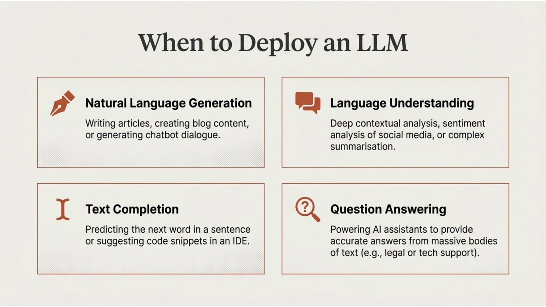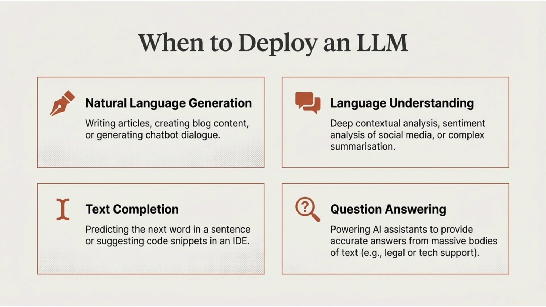Large language models are useful when we need systems that work with human language. One common use is natural language generation, such as writing articles, blog posts, or chatbot responses. They are also powerful for language understanding, like analyzing sentiments or summarizing long documents.